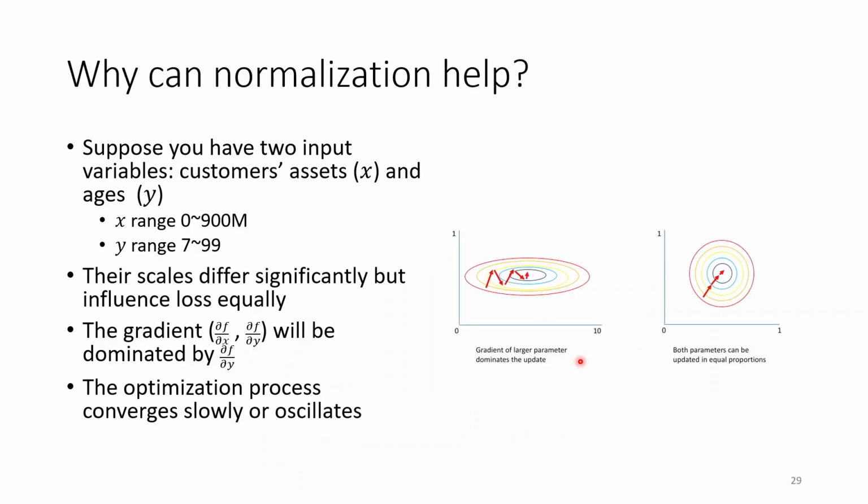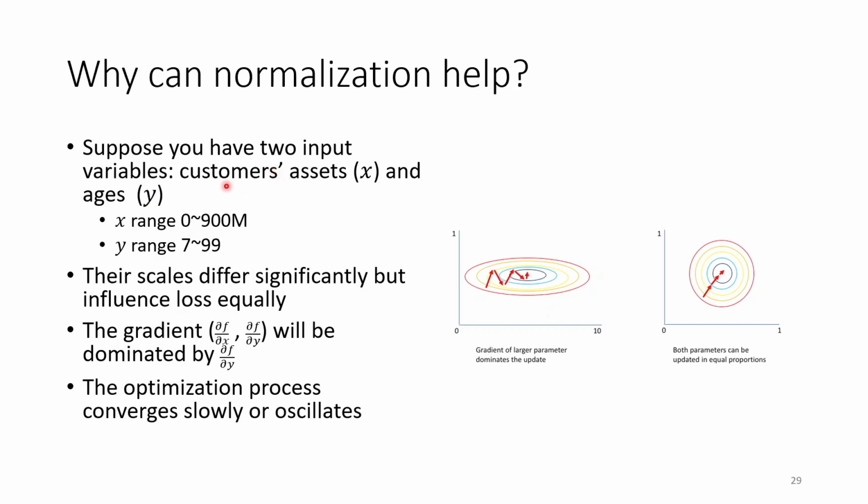I would like to say why we need normalization. Just imagine a case. Say you have an algorithm that only needs two input parameters: one is age, and the other is the customer's assets.